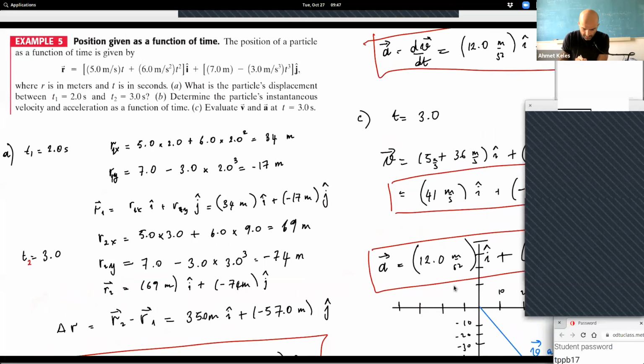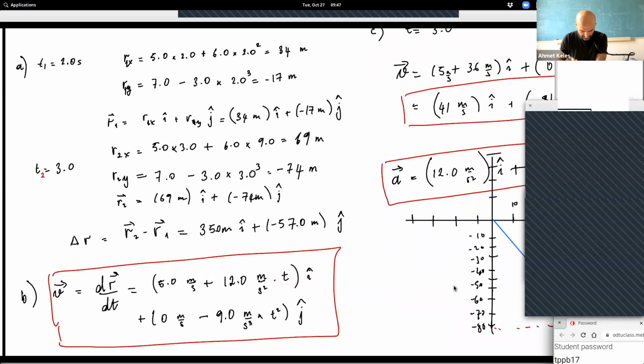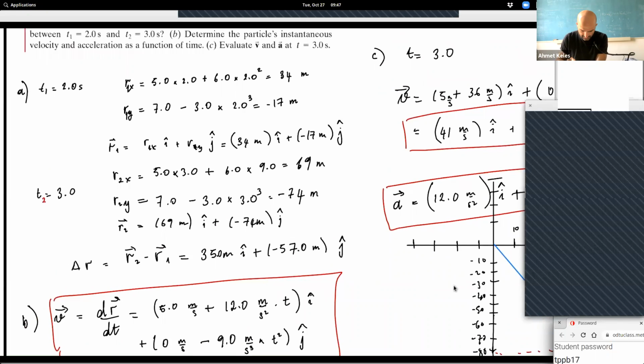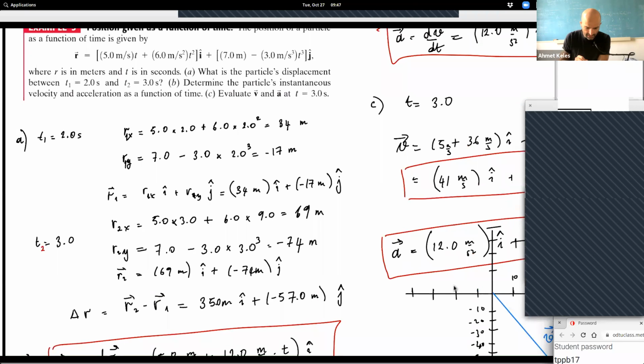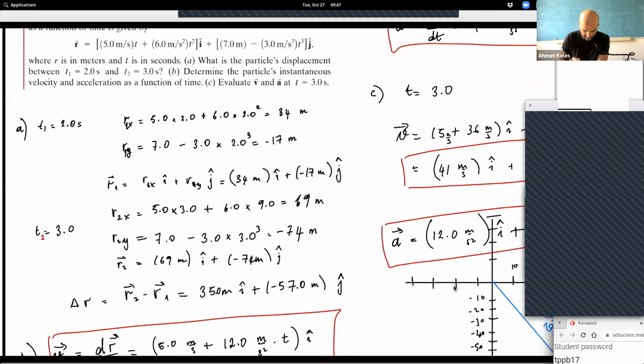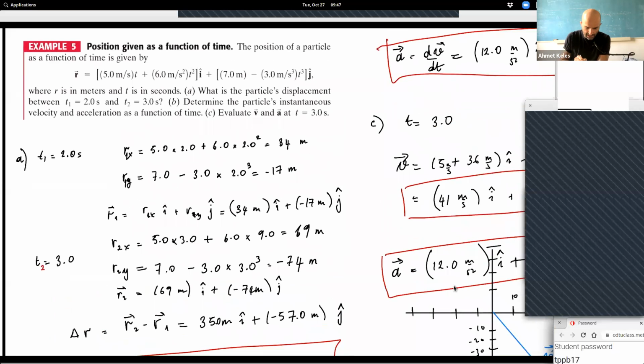Part B: determine the particle's instantaneous velocity and acceleration as a function of time. This doesn't look that complicated. For instantaneous velocity, I just take the derivative. The derivative of 5 times t is 5, that's the first one. Plus the derivative of this guy: the 2 goes in front, makes 12, and decreases the power by 1.